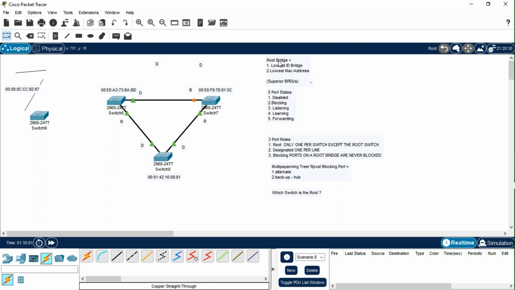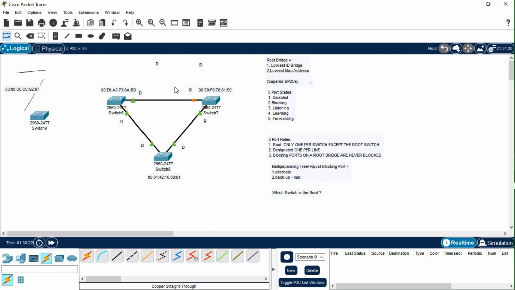The root bridge, or the way I like to think about it, is the superior BPDUs. It's based first upon the lowest bridge ID. If that's a match, then it goes to the lowest MAC address. So looking at this, this one has a superior BPDU to all of these because it has the lowest MAC address.